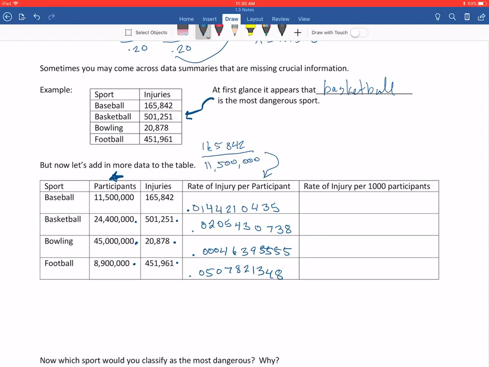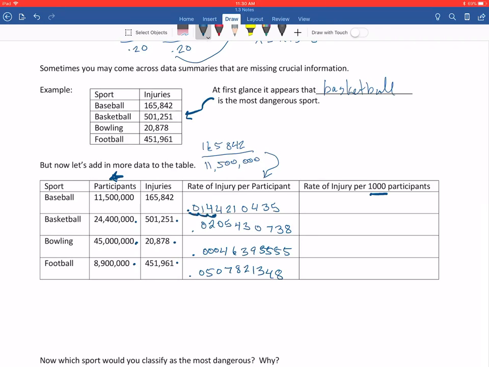Now those numbers themselves are a little bit difficult to use and to talk about also. So if we modify them one more time, let's change those numbers into the rate of injury per 1,000 participants. To change this from a single participant to 1,000 participants, we just need to move the decimal place over 3 places.